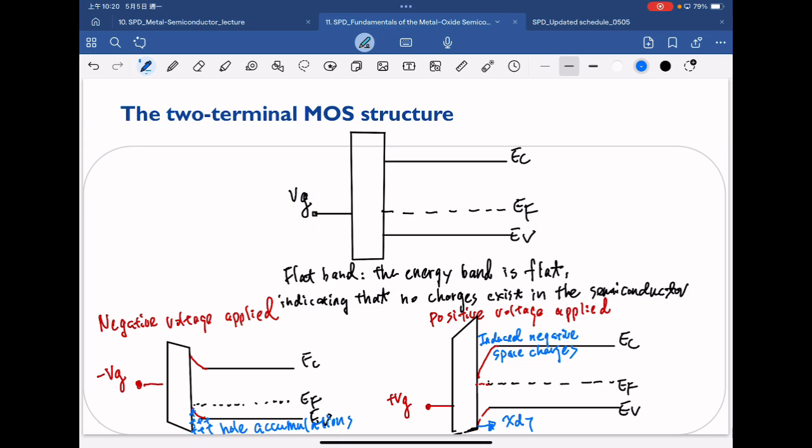But still, although it's close, the EF is not yet larger than EC. The EF is still below EC, but it is already slightly changing the charge from positive to negative because now our EF is close to our EC.